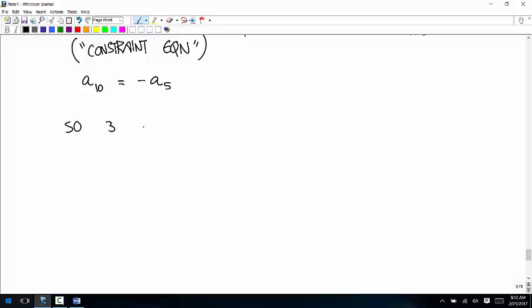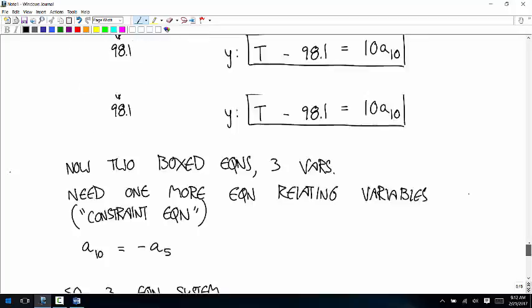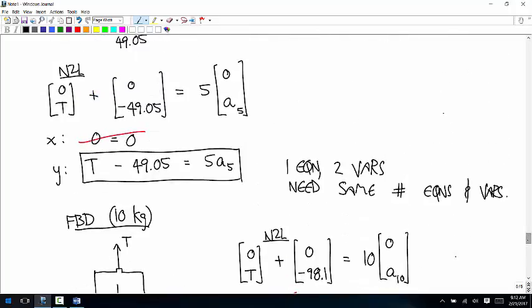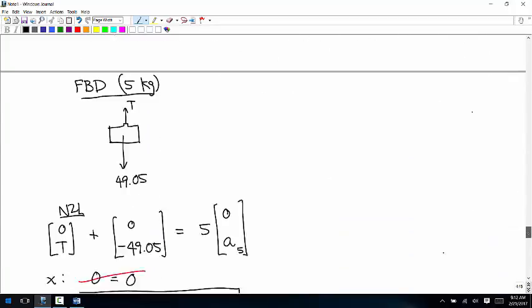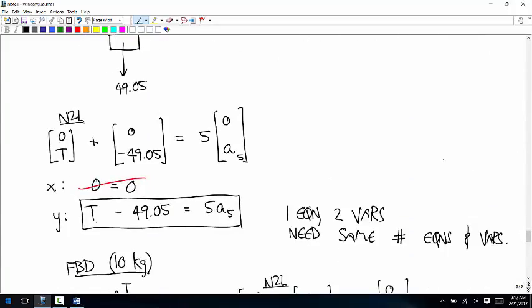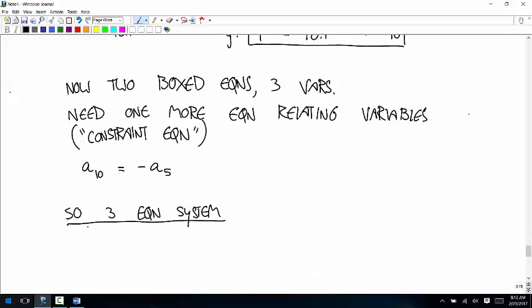So our new 3 equation system says our first equation, T minus 49.05 is equal to 5a5.